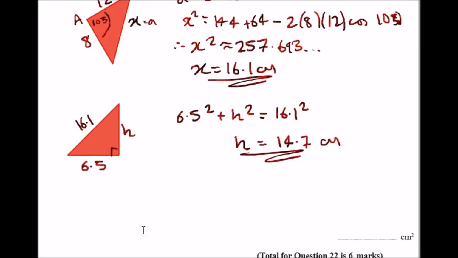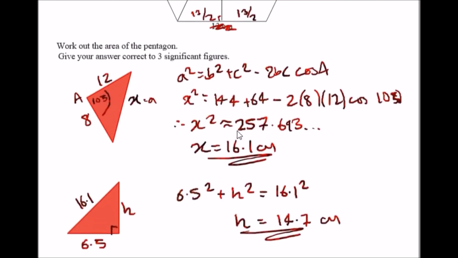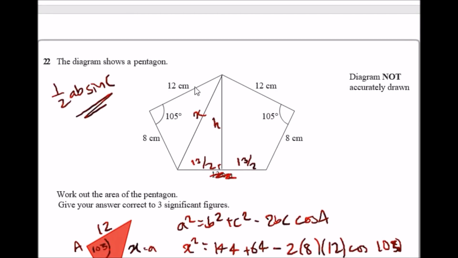Now that we've got a length, let's find the areas. Using the area of the first triangle, half ab sine C, which is half times 8 times 12 times sine 105.